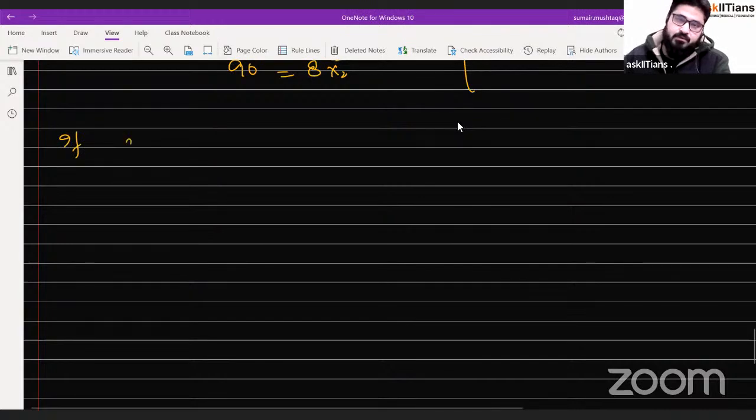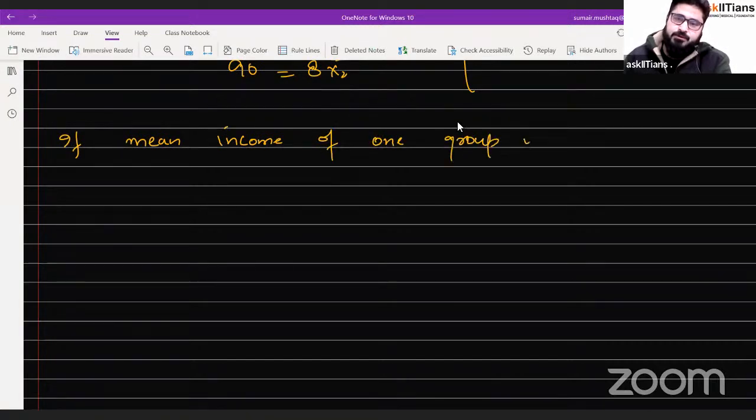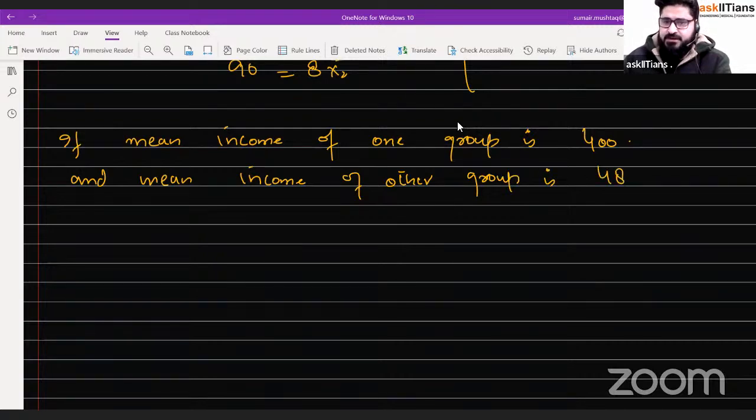If the mean income of one group is 400 and the mean income, the average income of the other group is, let us suppose, 480 rupees per day.